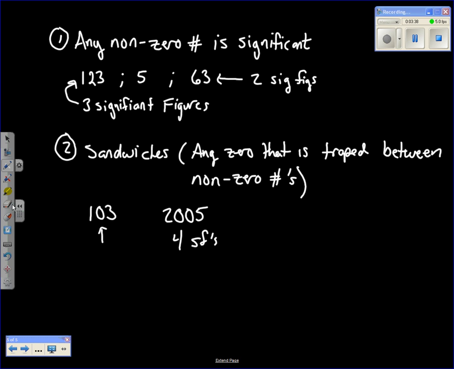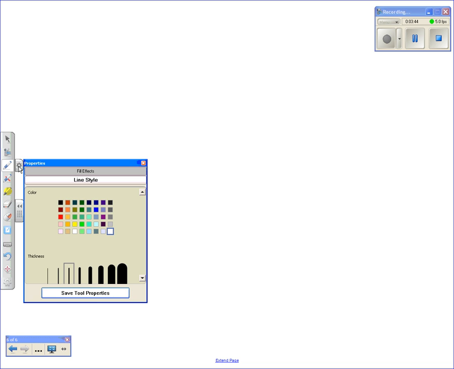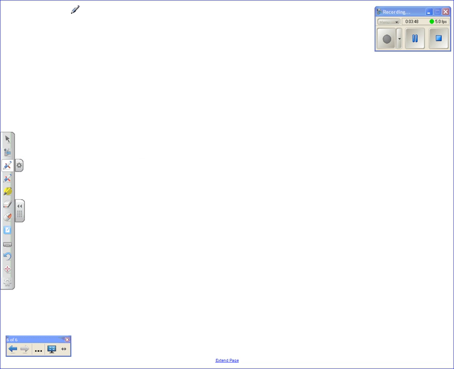All right, and we're going to go ahead and go to the next page. We'll change our pen here. Let's use red. Then there's the third rule. And the third rule talks about final zeros after a decimal point are significant.